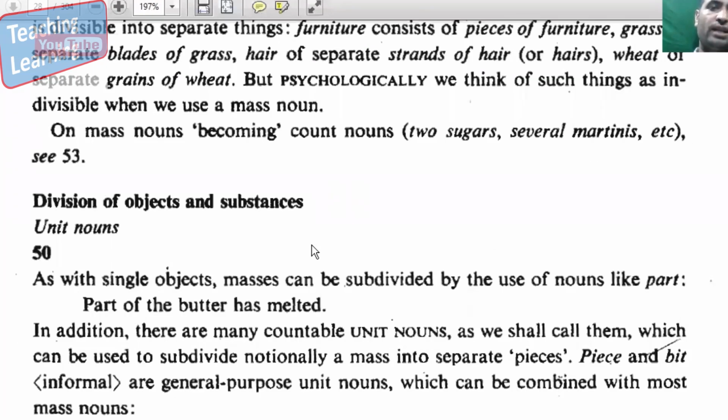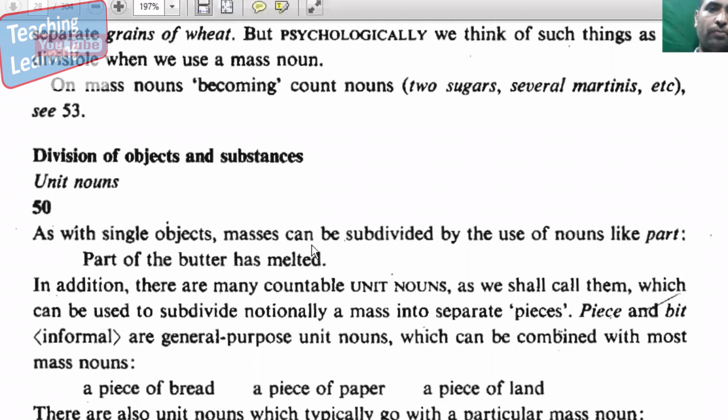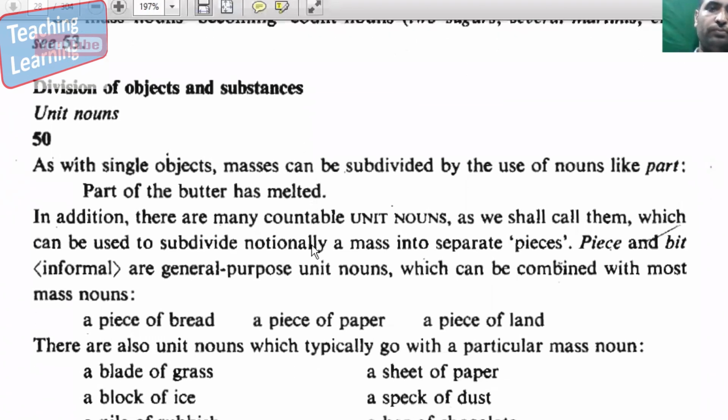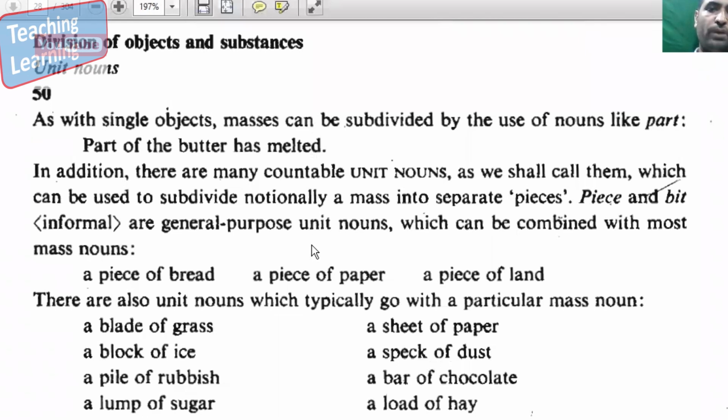Division of objects and substances. Unit nouns: a piece of bread, a piece of paper, a piece of land, a blade of grass, a block of ice, a pile of rubbish, a lump of sugar, a sheet of paper, a speck of dust.